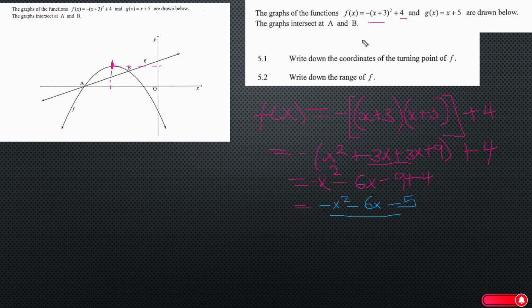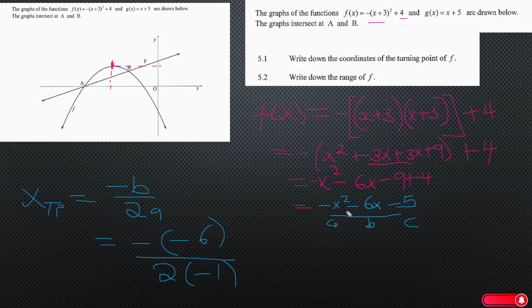So you can go there and say x of the turning point is equal to negative b all over 2a. That will be equal to negative of negative. So this is a, this is b, and then this is the constant. So negative 6, and then all over 2, and then a, which is negative 1.